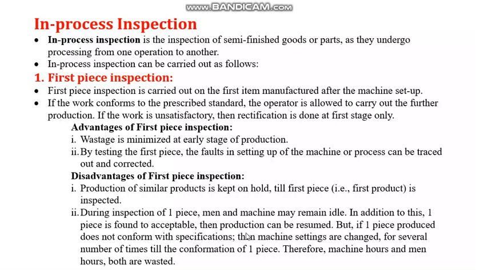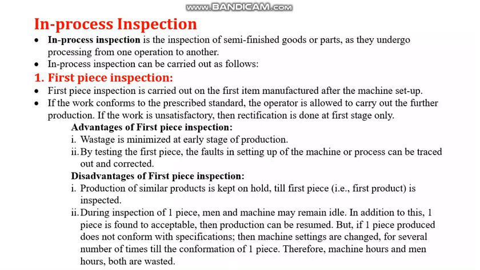But if that one piece produced does not conform to the specifications, then the machine settings are changed several times till that one piece is confirmed to be as per the standards. Therefore, the machine hours and man hours are both wasted. But even if they are wasted, you should ensure that your product is of quality.